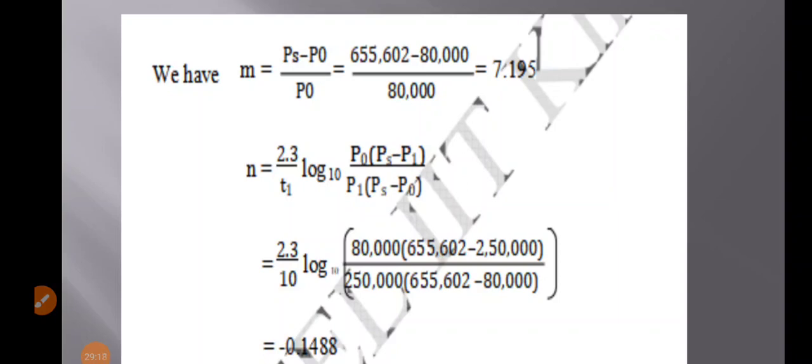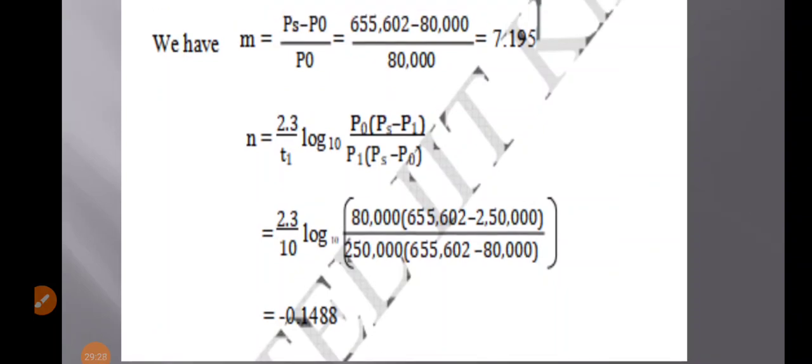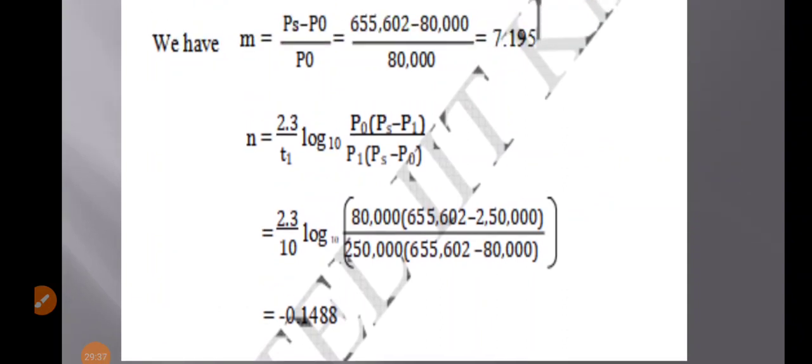This gives a negative value, 0.1488. So M is equal to 7.195 and N is equal to minus 0.1488. This is how to calculate the M and N values along with Ps.